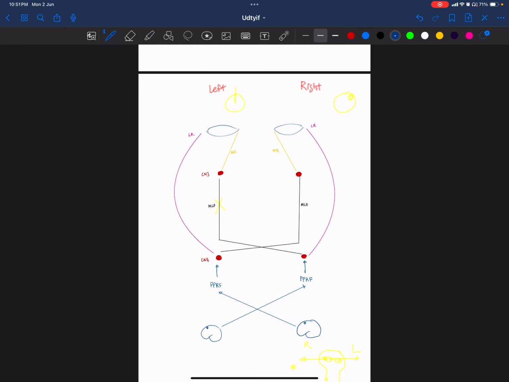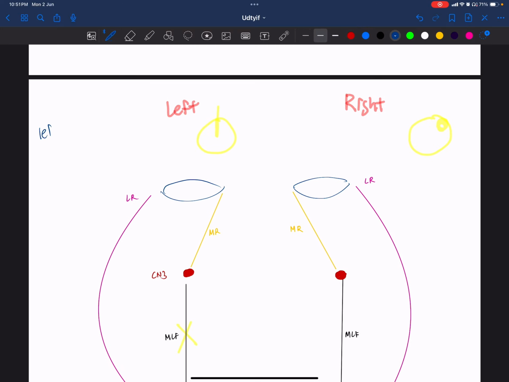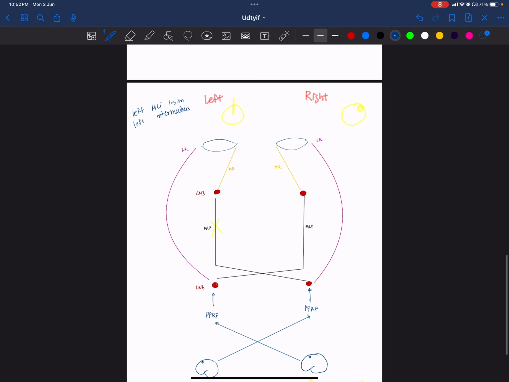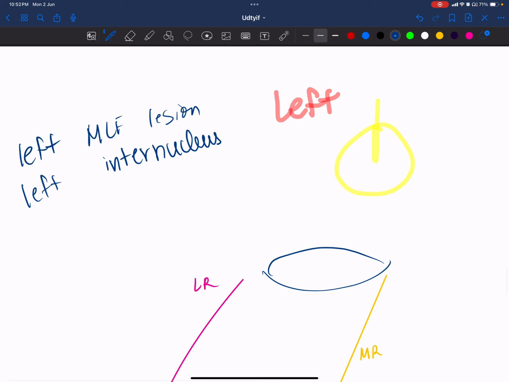So a left MLF lesion will cause a left internuclear. What are the two nuclei? 6, 3. Left internuclear ophthalmoplegia.